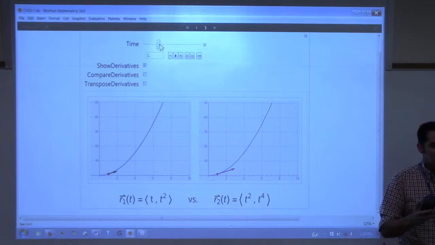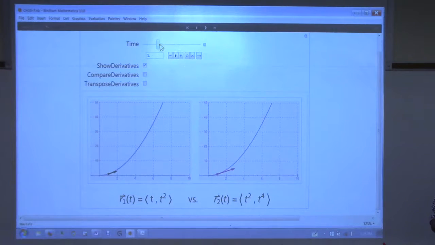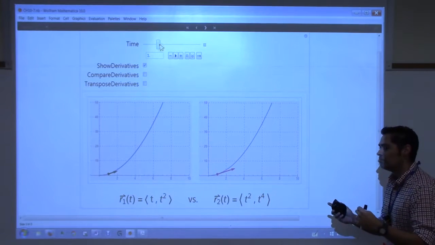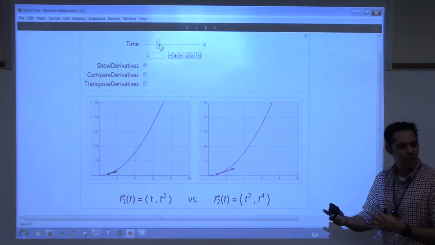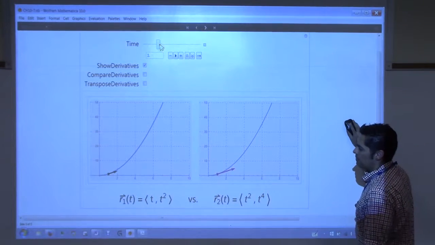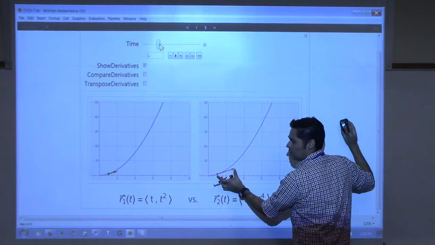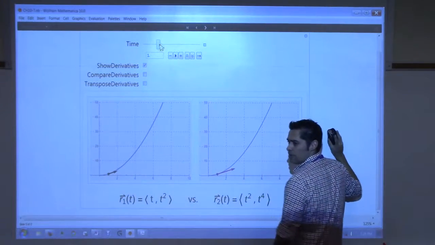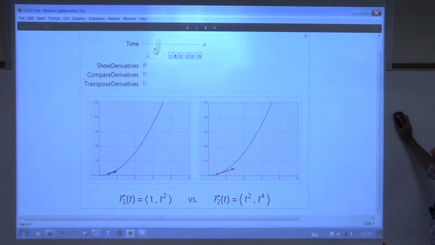So that derivative vector somehow indicates the velocity, the speed, right, at which this is moving. And that's what we're trying to get at here. The length of this vector compared to the length of this vector matters, right? It's going to tell us something.